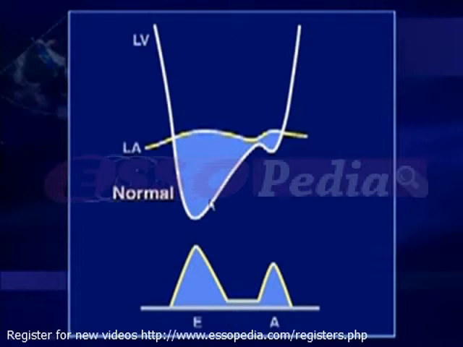If LA pressure remains the same, but the LV begins to relax more slowly, we will see a conformational change in the mitral inflow velocity profile, where the E wave velocity will decrease and the deceleration time will prolong. And now with reduced passive filling, there is a compensatory increase in the active phase of LV filling, or the A wave, in order to maintain stroke volume, as we see here.